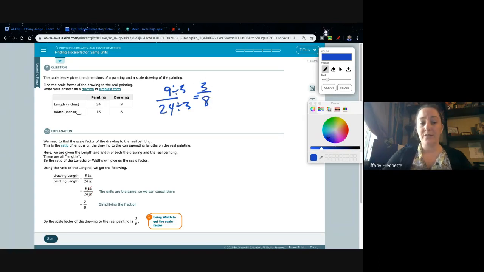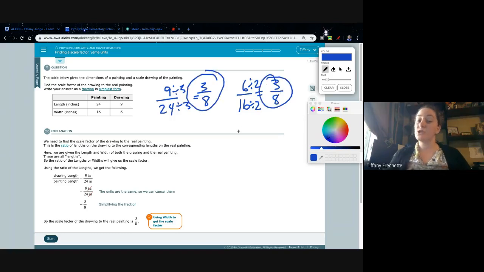If I do the same thing for the width, so now I have the width of the drawing to the width of the painting, I can divide both of these by 2, and I get 6 divided by 2 is 3. 16 divided by 2 is 8. So if you notice, these match. They should match.